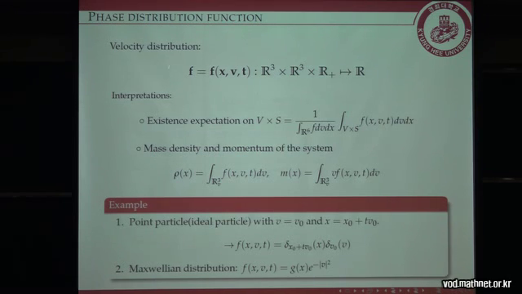The main idea of the phase distribution is the velocity distribution, so we need one more variable: x, v, t. So eventually we have a 7-dimensional function. If we have this phase distribution, then we have a lot of information.